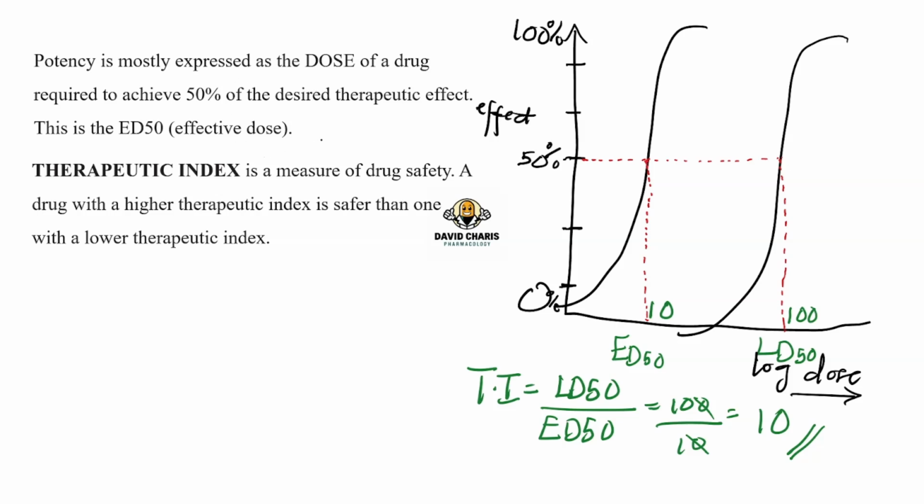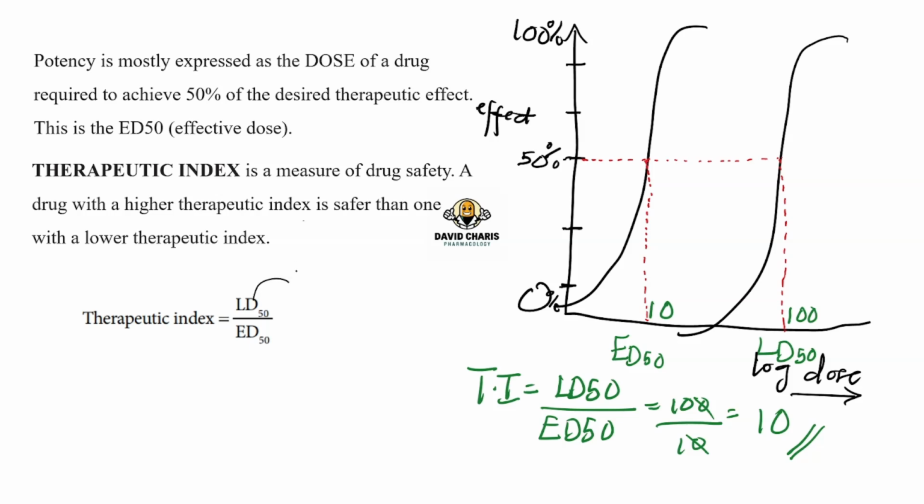Therapeutic index is a measure of drug safety. A drug with a higher therapeutic index is safer than one with a lower therapeutic index, and it is denoted by TI or TD, any of which you want to call it. Therapeutic index is the ratio of LD50 over ED50.